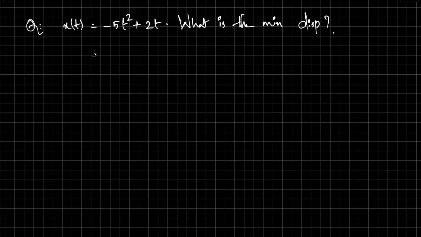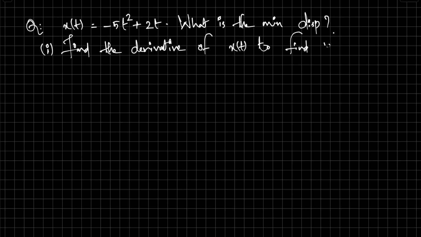There are 3 steps you have to follow to find the minimum displacement or maximum displacement. First step is, find the derivative of position function to find velocity function.